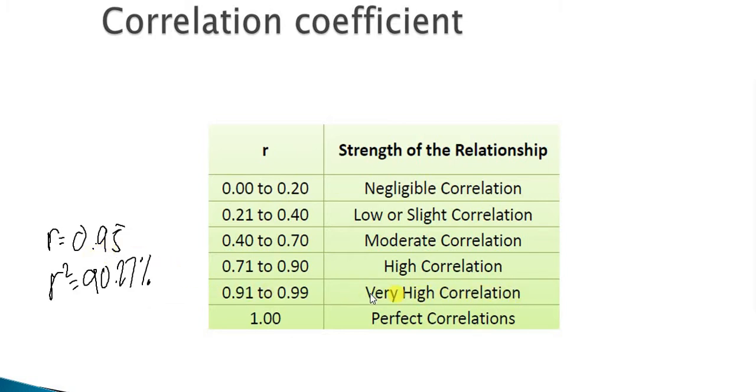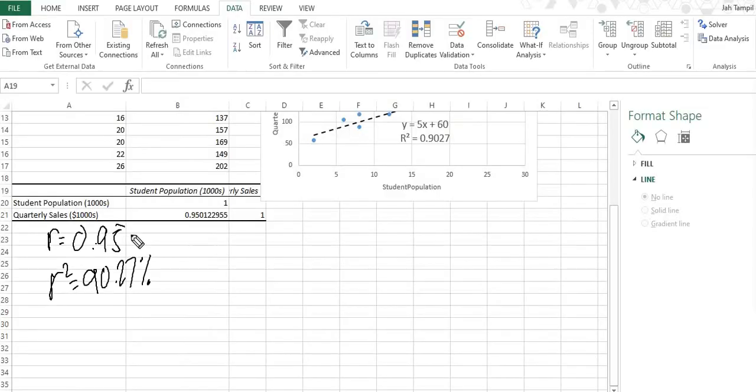It has a very high correlation. So the strength is very high. So now we can say that there is a positive because the sign is not negative here. There's a positive and a very strong or very high relationship between student population and quarterly sales.